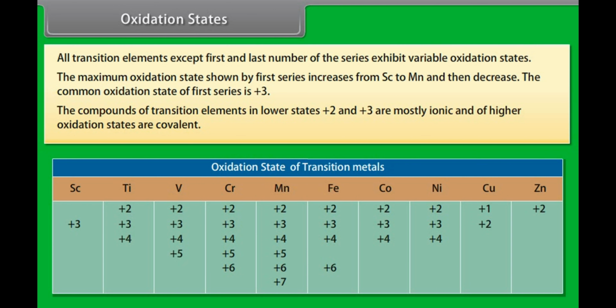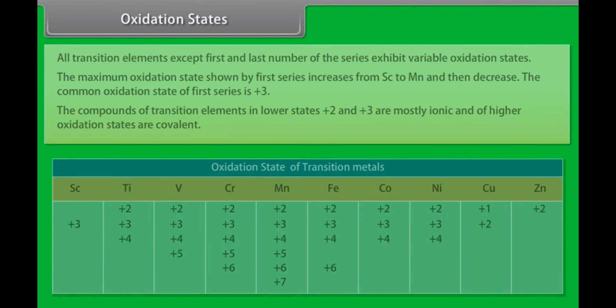The compounds of transition elements in lower states +2 and +3 are mostly ionic and those of higher oxidation states are covalent. For example, ZnCl2 and CdCl2 are ionic in nature and Cr2O7 2- and MnO4 - are covalent in nature.